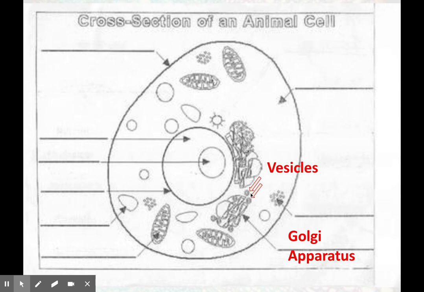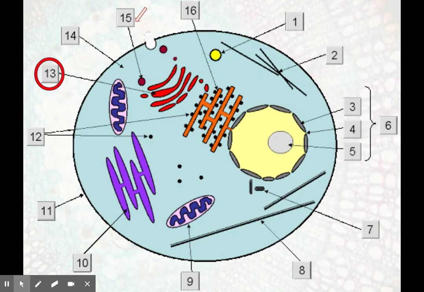And as you can see, there's these tiny little packages or vesicles that are in between the ER and the Golgi apparatus. Here we have the stack of membranes away from the nucleus. So number 13 in this case is my Golgi apparatus, and it looks like number 15 here are my vesicles.